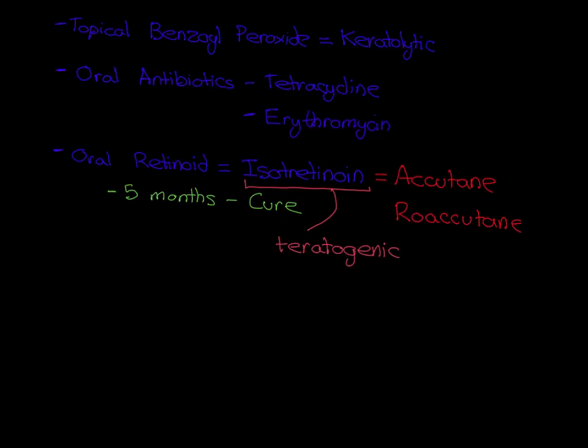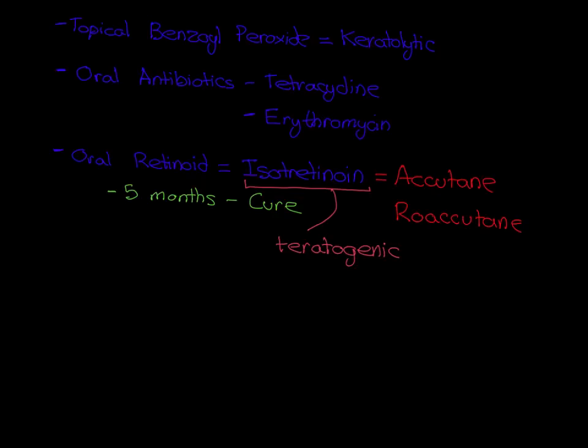Another rare, very rare side effect, but significant side effect that it's been associated with, is idiopathic intracranial hypertension, raised pressure inside the skull for no apparent reason, which can cause very bad headaches and can also damage the optic nerves and lead to permanent impairments in vision. So it's very serious.